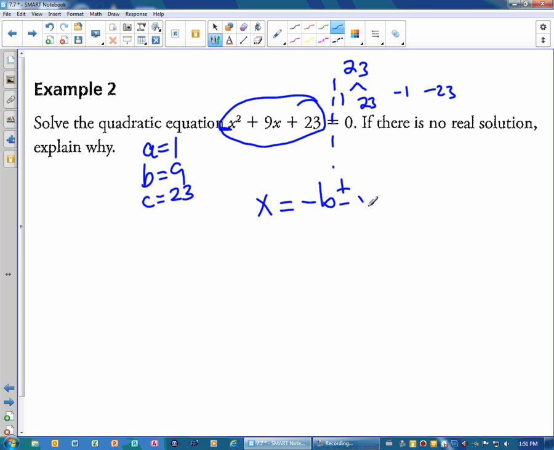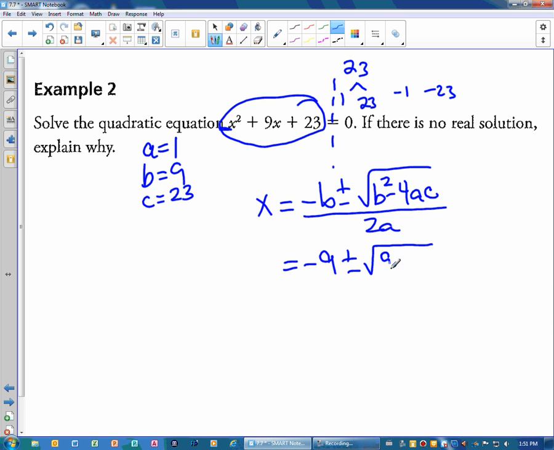Negative b plus or minus the square root of b squared minus 4ac, everything over 2a. Plug in your numbers. Negative b. B is 9, so negative 9 plus or minus the square root of 9 squared minus 4 times 1 times 23, over 2a. A is 1.